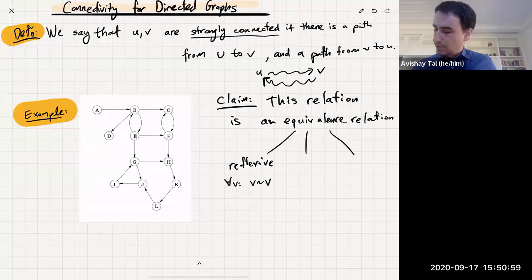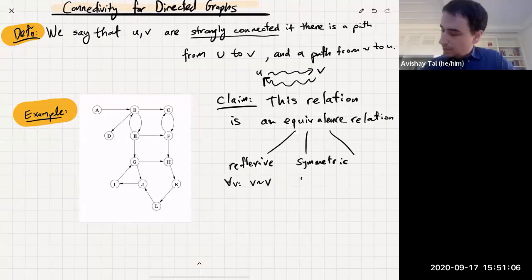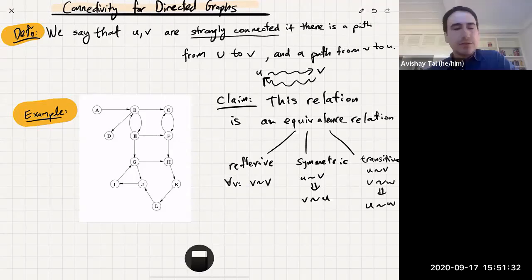Symmetric, meaning that if u and v are connected, then also v and u are related. And the third thing is transitivity. We want that if u is connected to v, and v is connected to w, then u is connected to w.